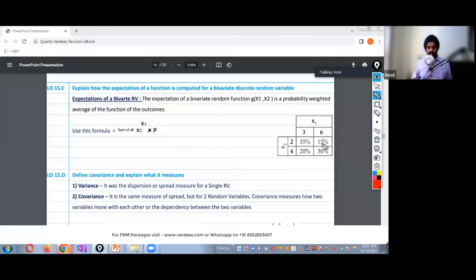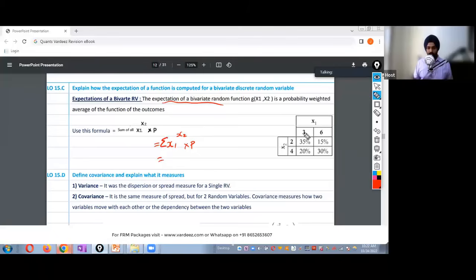How do you calculate it? It's very simple. Let's say this is the data that you're given, and you want to find the average or the expectation of a bivariate random variable function. You start with x1 to the power x2 multiplied by the probability, and you just take the summation.